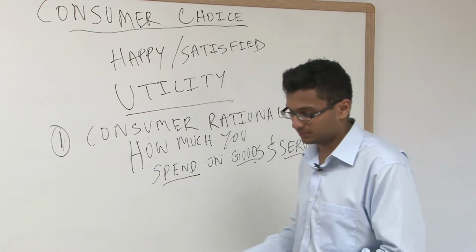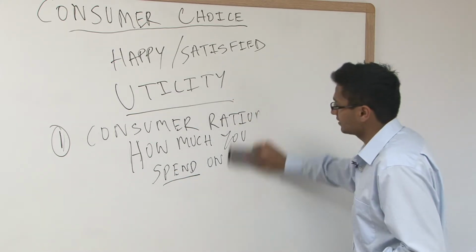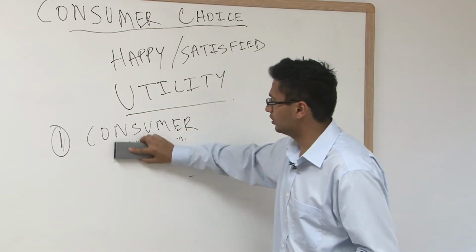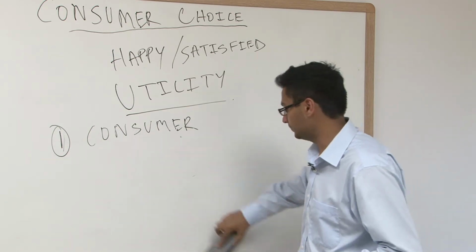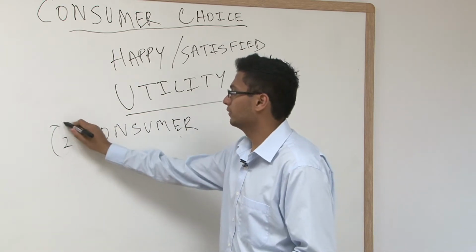So what's number 2, okay? Number 2 talks about the ranks, right? It says that a consumer, we're going to leave that word alone because it's really important, right? And this will be number 2, okay?